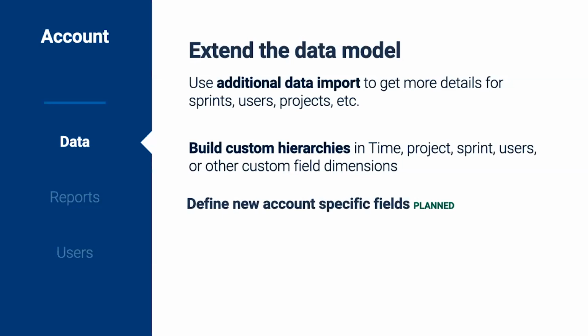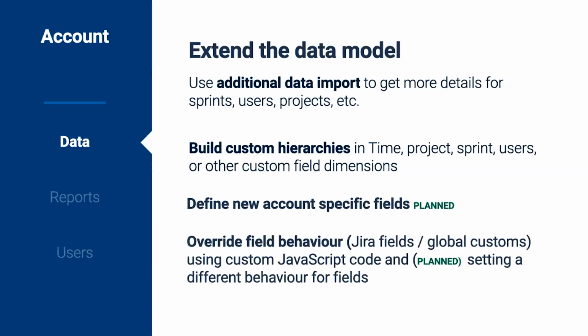Then Ramon has already shared the news that we will have an option to build new custom fields in accounts. And there currently is some option, but it will be extended even more to override the generally defined field behavior in the account.